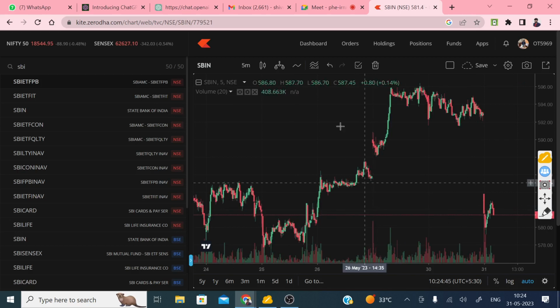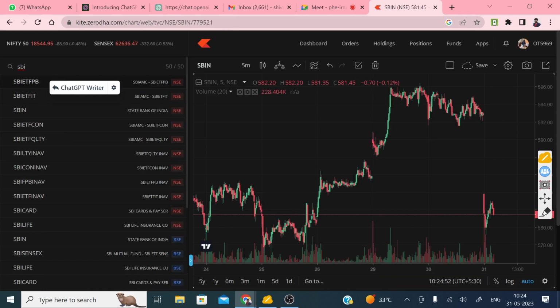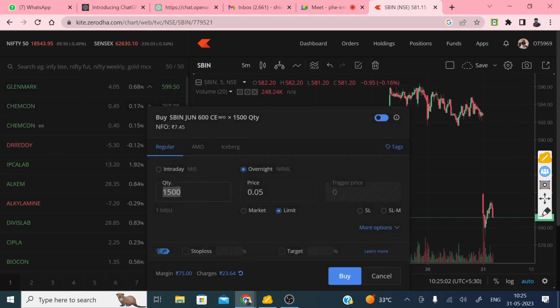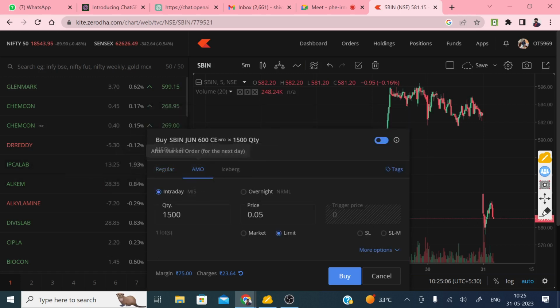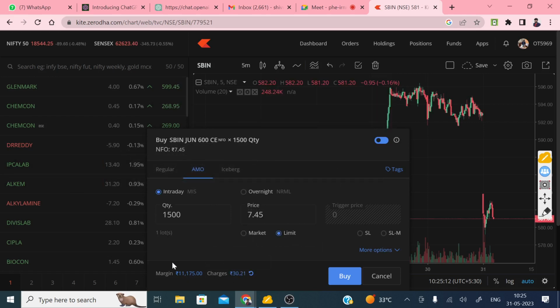Right? And the major difference is, if you see here, SBI, let's say 700, it's not 700 now but 600, you can think of. If you want to buy this 600 call option, see the amount that you required per unit, 11,175.